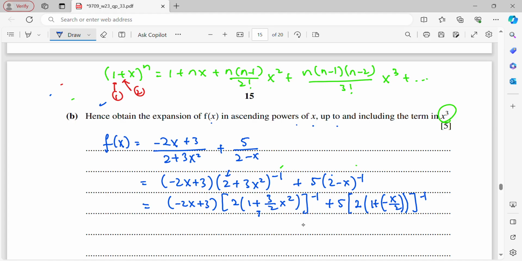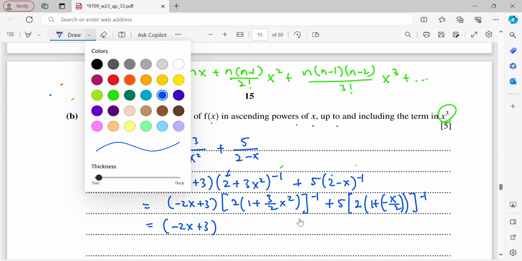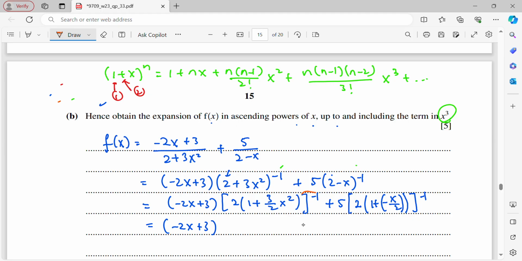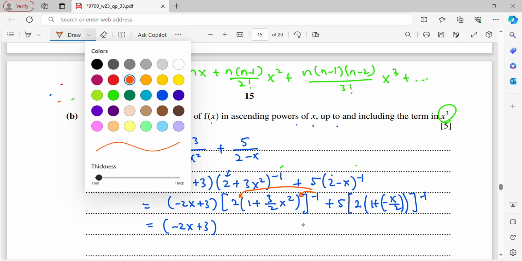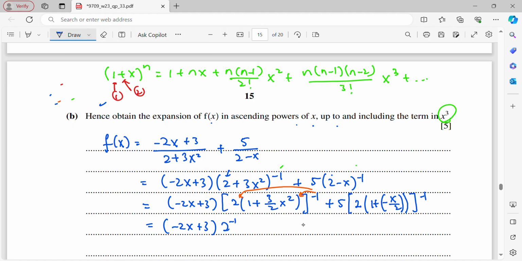Now I will rewrite minus 2x plus 3. For your information, right now this degree minus 1 you have to bring into both of these. That means I will get 2 to the power of negative 1, then 1 plus 3 over 2 x squared to the power of negative 1.